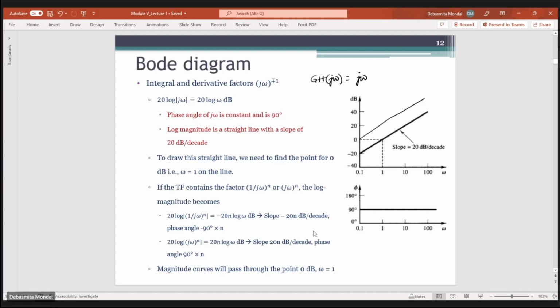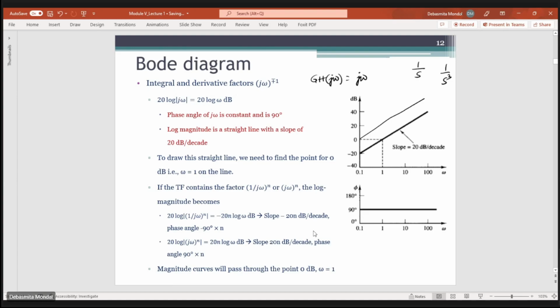Now if you have factors like 1 by (j omega) to the power n, let's say you have multiple repeated poles in your system. Instead of having a single pole of 1 by s, let's say you have 1 by s cube, so you have 3 poles at s equals 0.